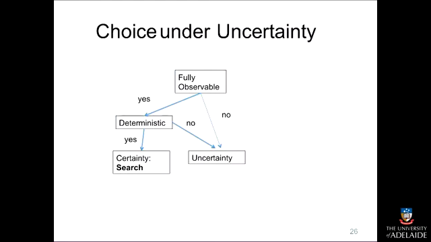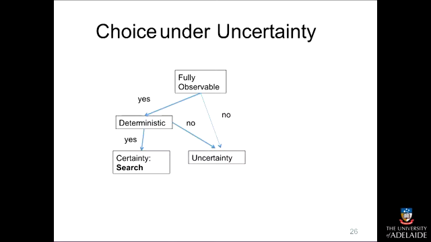Okay, and then just a pointer to some stuff that we'll get to later in the course. If the environment is fully observable and deterministic, then the likelihood is that some kind of search algorithm is going to be helpful in maximising the performance of our agent.